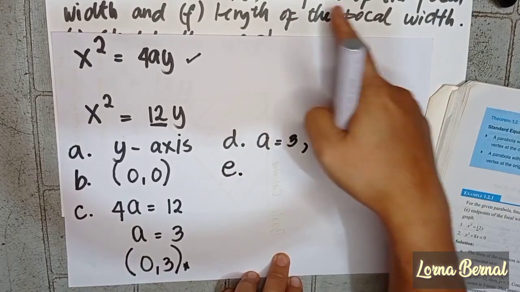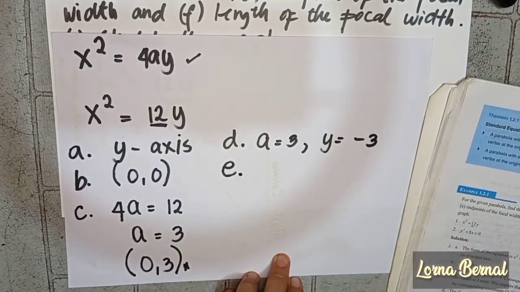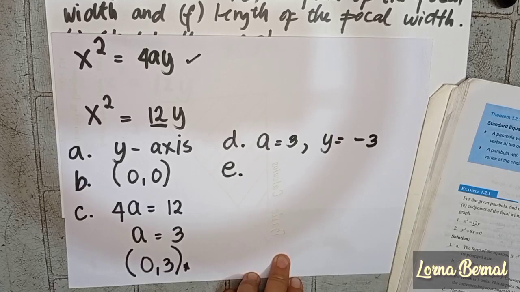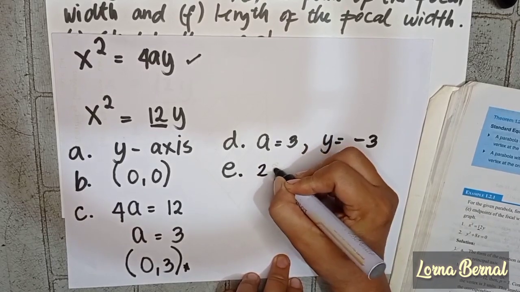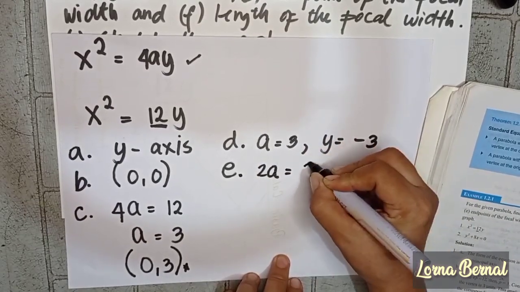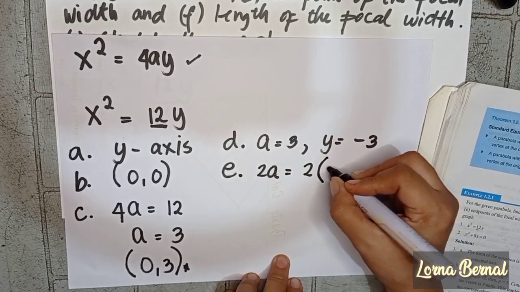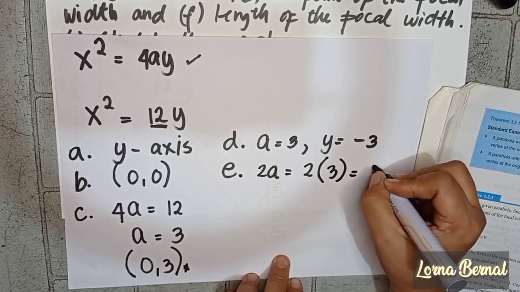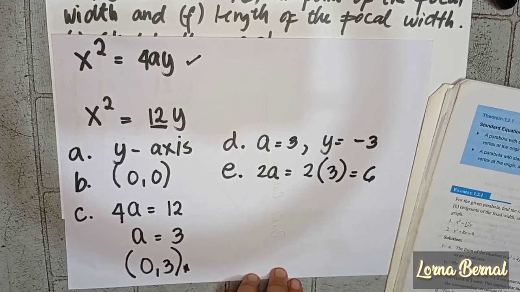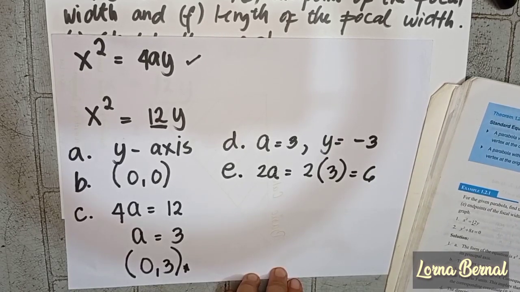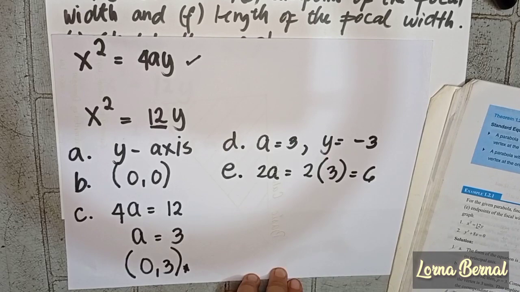Then letter E. What is the end point of the focal width? Since the distance of the focus from an end point of the focal width is 2a, therefore 2 times our a, which is 3, it's equal to 6. Moving, we have 6 units to the right and 6 units to the left of the focus.